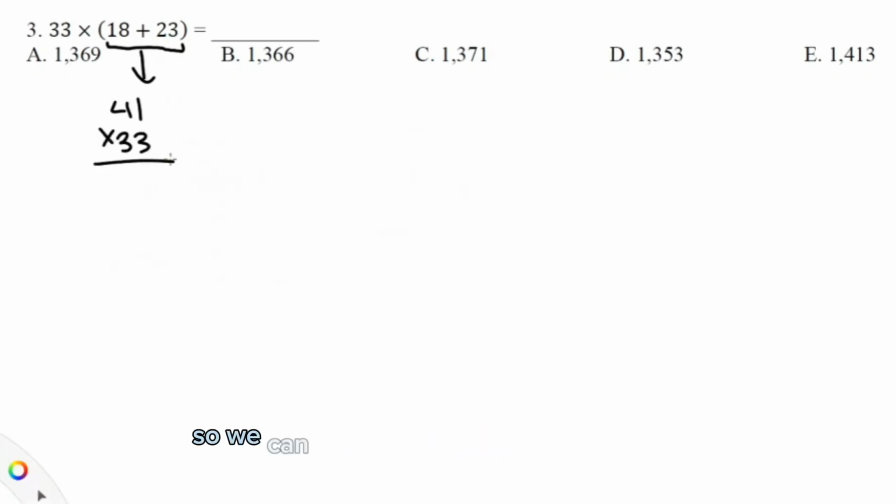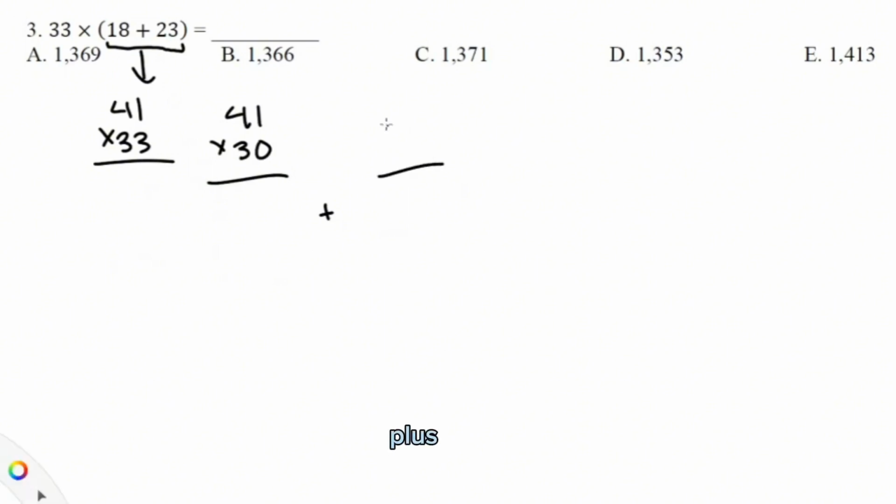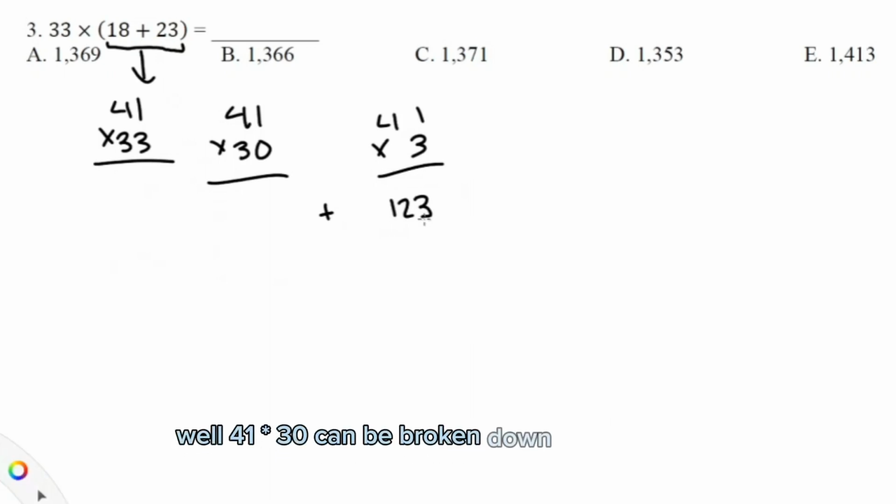This is easy. We can break this down into 41 times 30, plus 41 times 3. Alright, 41 times 3, that's a simpler one, so let's do that first. 41 times 3 is 123. Next, 41 times 30. Well, 41 times 30 can be broken down into 41 times 3 times 10.